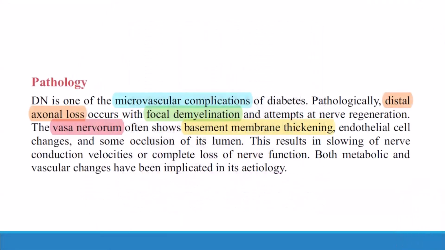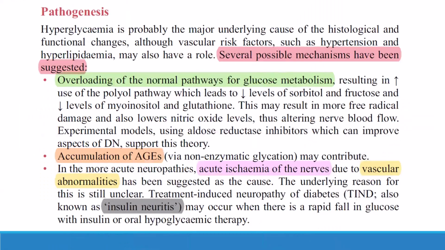The pathology of diabetic peripheral neuropathy is usually a microvascular complication of diabetes mellitus causing distal axonal loss with focal demyelination, so it is usually peripheral and distal. The vasa nervorum often show basement membrane thickening with some endothelial cell dysfunction. There is a lot of pathogenesis.